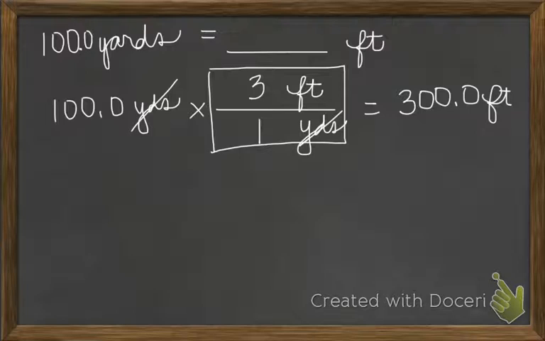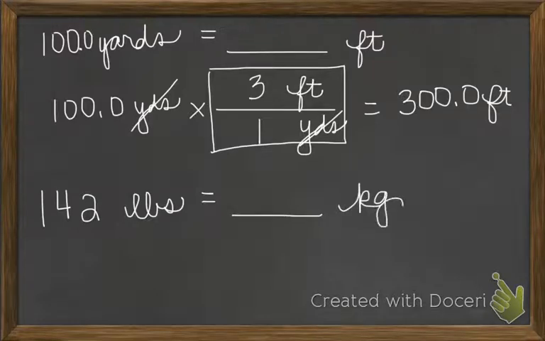Now, what if there's a person that weighs 142 pounds? And I want to know, how many kilograms would that be? Well, obviously here, pounds to kilograms, we're converting from the English system to the metric system. So I'm going to need to give you some kind of conversion.